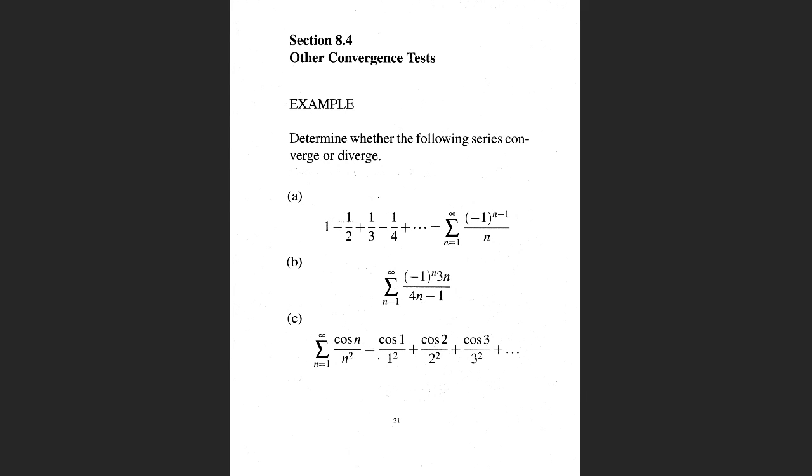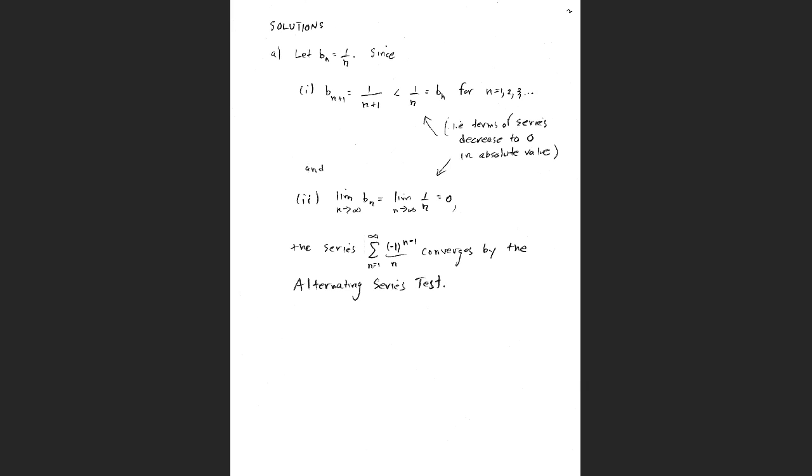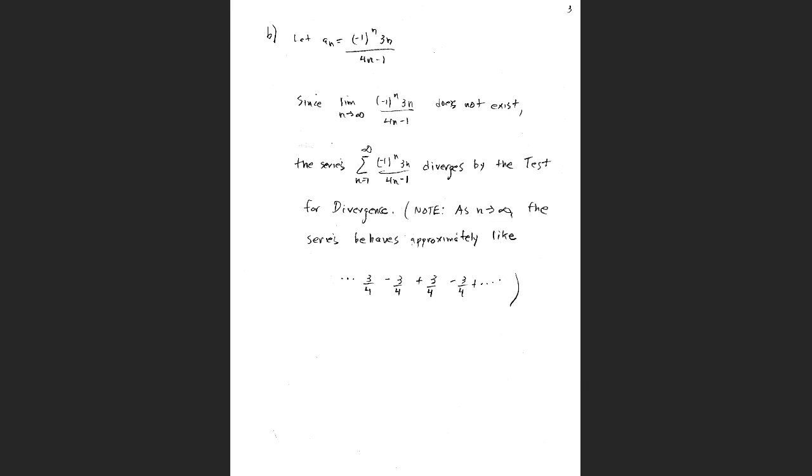So I'll just go right to the solution here for B: when n is large, the terms of the series are basically going to act like 3/4 minus 3/4 plus 3/4 minus 3/4, and so on. So the series never settles down, never converges to any finite number.